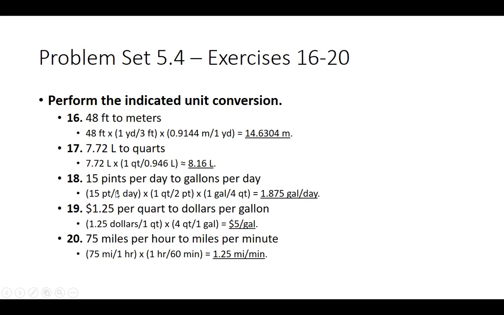Doing the math, 15 divided by 1 times 1 divided by 2 times 1 divided by 4 gives us 1.875. And once again, you could have just done 15 divided by 2 divided by 4 and get the same answer.